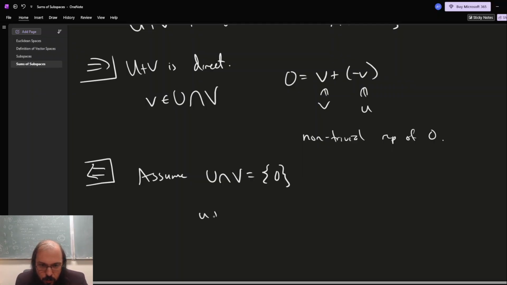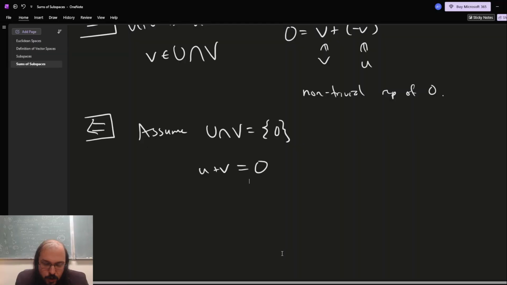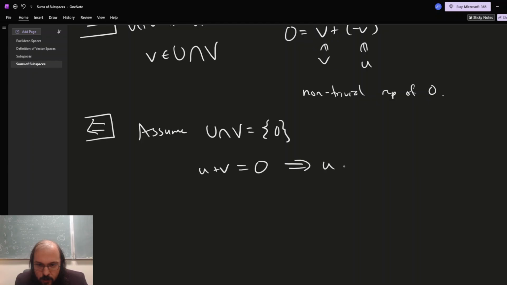So I have a little u plus v. This thing will then live in U plus V. And I want to know, could this thing equal 0? In order to finish the proof off, what I should do is show that this implies u and v respectively are both equal to 0.